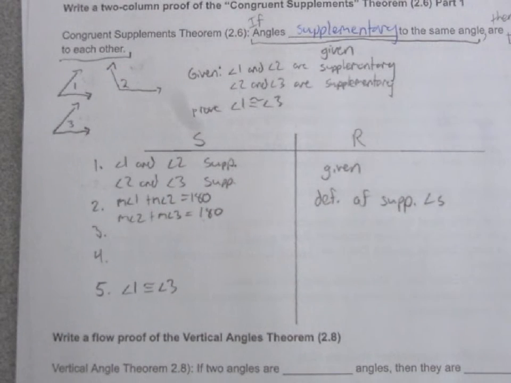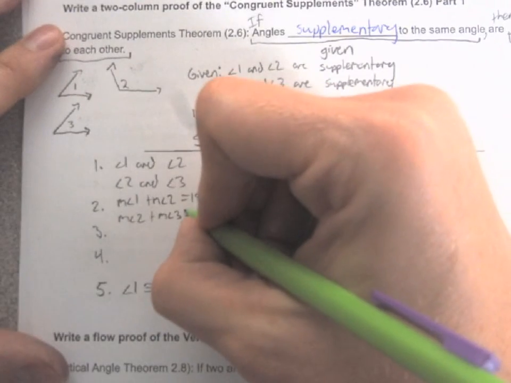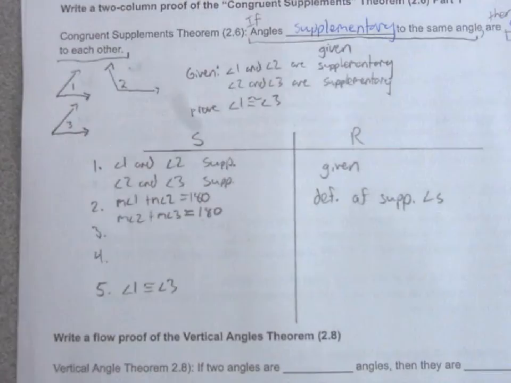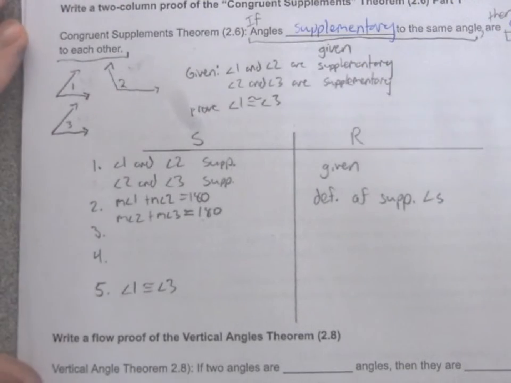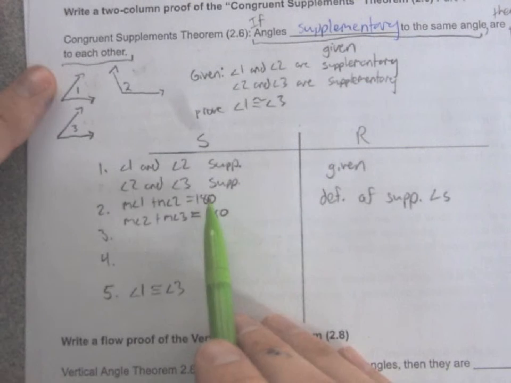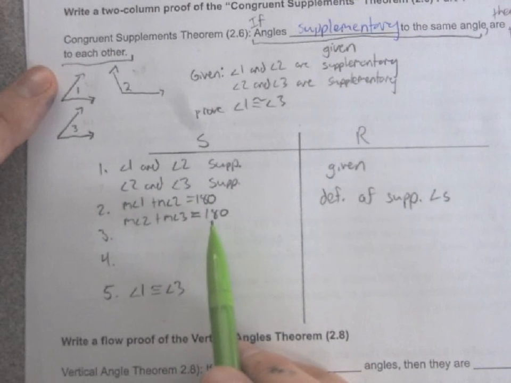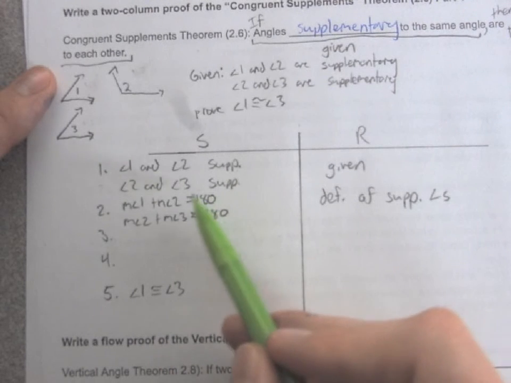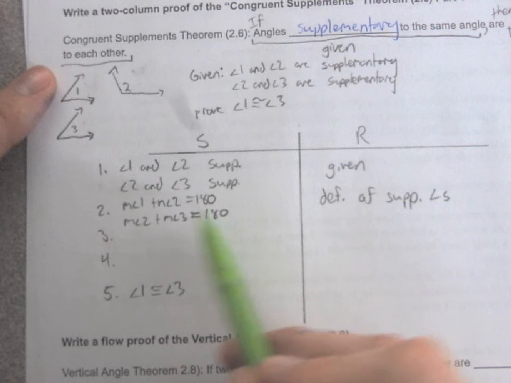So that definition alone puts me into these two equations, which is great, because as soon as I have equations, I can use properties of equality, right? We can use substitution, we can use addition, subtraction, all those different ideas, okay? In this case, what we're going to want to do is a substitution, because angle 1 and angle 2 add to 180, and angle 2 and angle 3 add to 180, and so we can replace this 180 with what 180 is equal to.